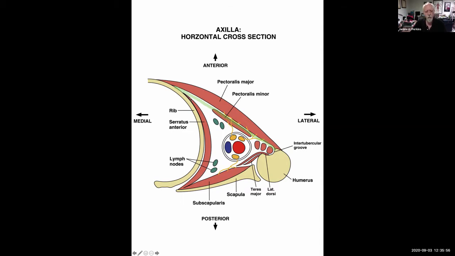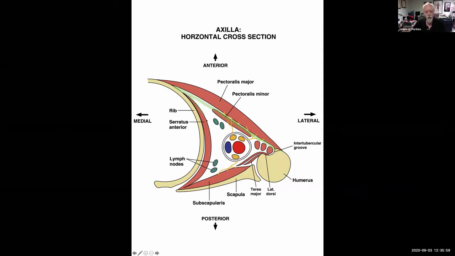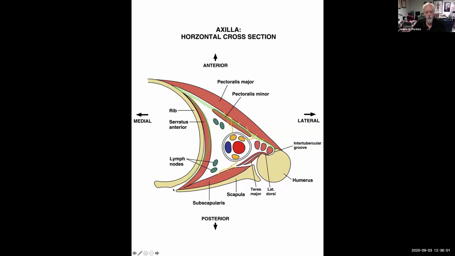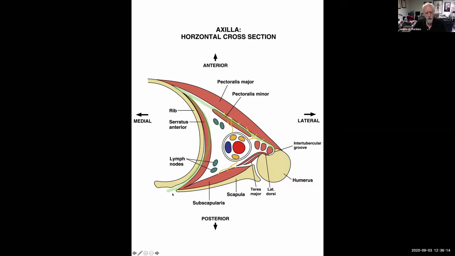The medial wall or medial boundary is formed by the ribs and the intercostal muscles that lie between the ribs, but also the serratus anterior muscle that originates from those ribs and lines the whole side of the rib cage, extending all the way around to the back to insert on the medial border of the scapula back here.